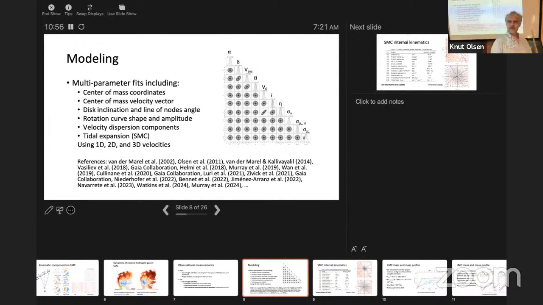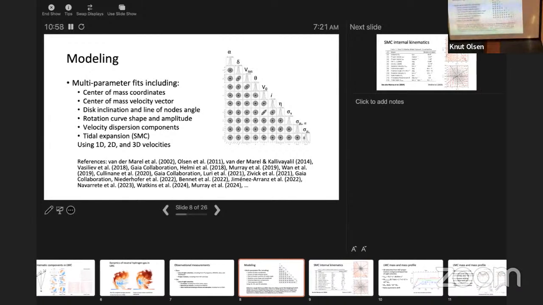Okay, so modeling the internal kinematics, there are many groups that have been working on this, involving multi-parameter fits where you have to take into account the center of mass coordinates, the center of mass velocity vector, as we've been discussing, the inclination, the line of nodes angle, rotation curve shape and amplitude.